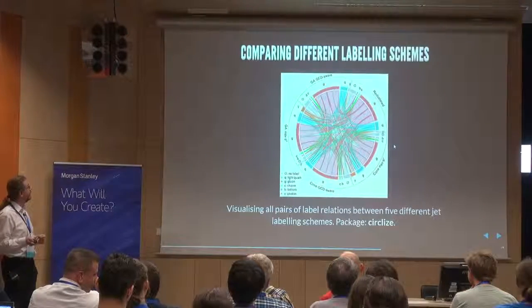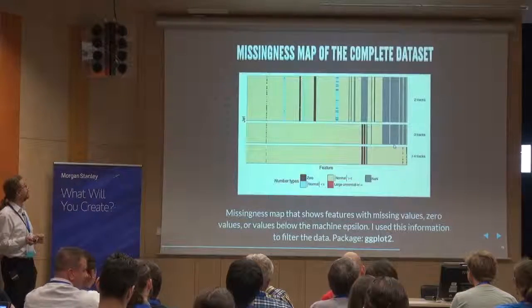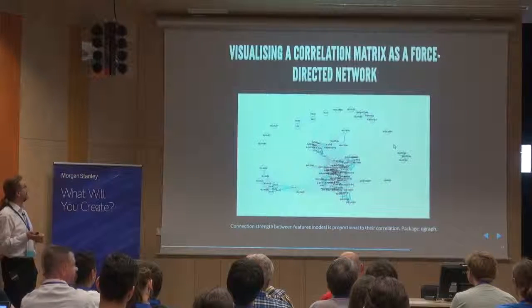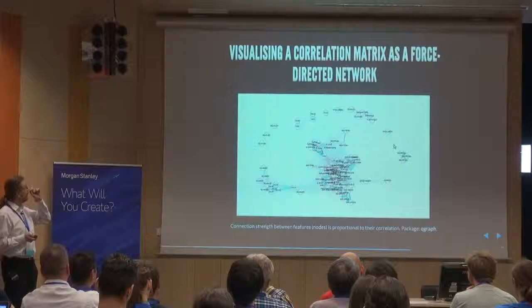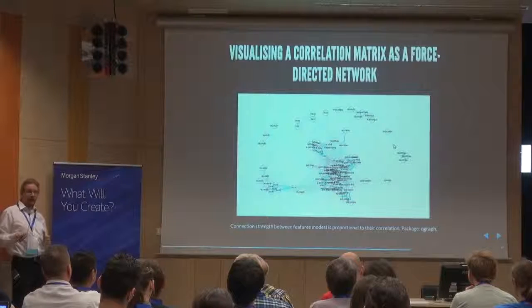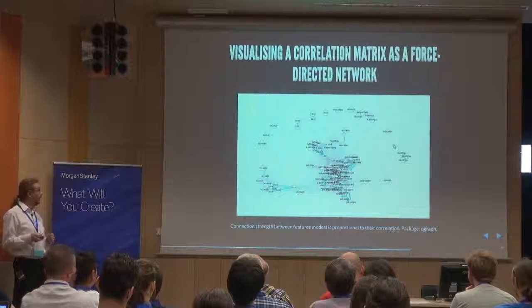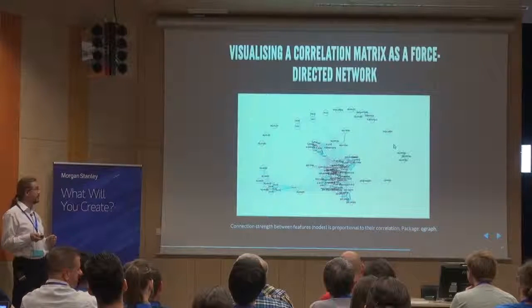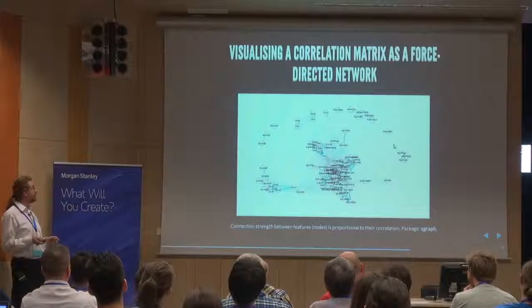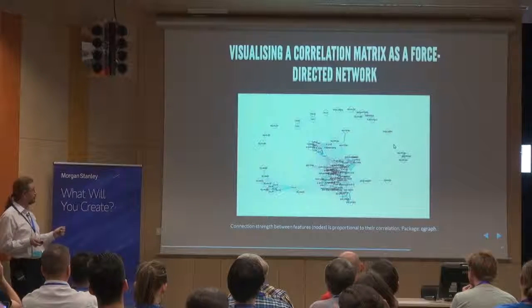I'm going to skip that, and that, and that, and okay. So for looking at correlations between features, QGraph is a really nice package. This is where each of these features is represented as a node on a graph.